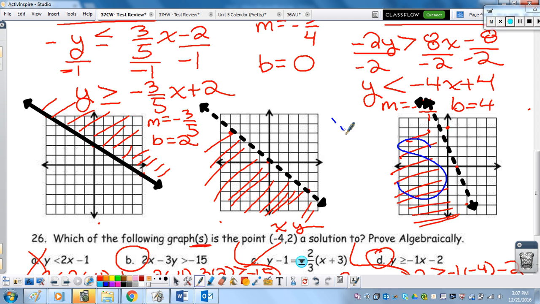When you have a dotted line, if you're talking about a point on the dotted line, it is not a solution. Okay? If you have a solid line, if you're talking about a point on there, that means that it is a solution. Okay? Because again, this would be equal to, and this would not be equal to. Okay?